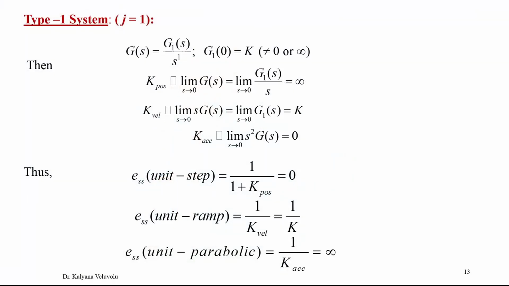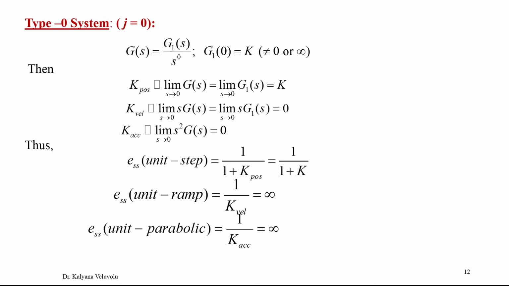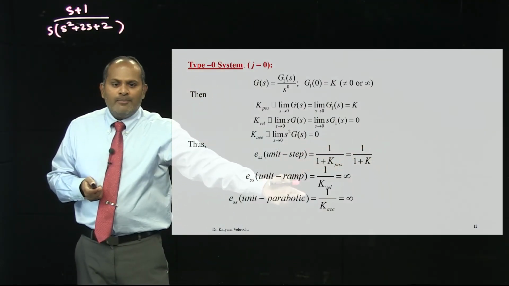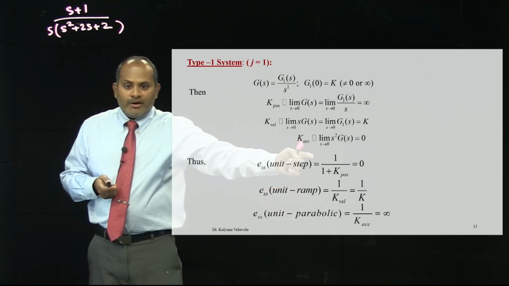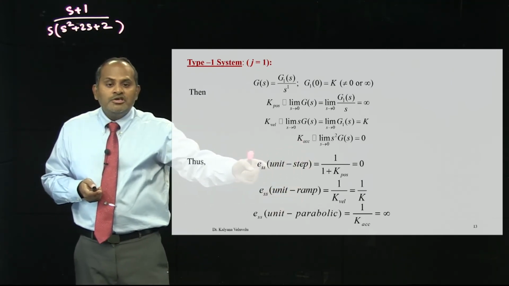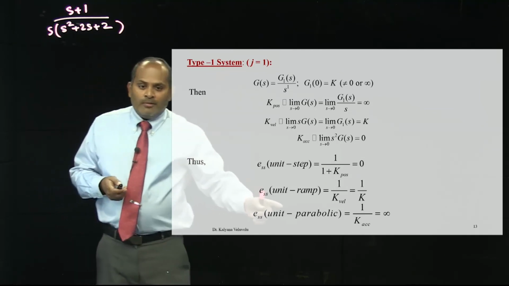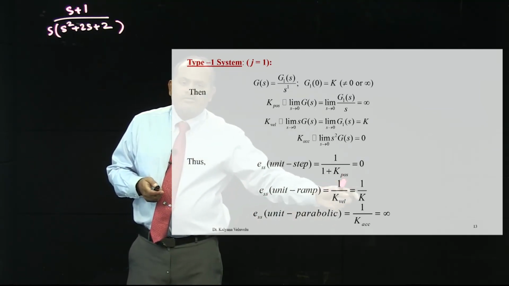So, if you look at this analysis, a type 1 system performs better than a type 0 system. If you compare with type 0, I get constant error for unit step, infinity for ramp, infinity for parabolic. But with type 1, I get 0 error for unit step, that is really good. For ramp, I get constant error, which is better.